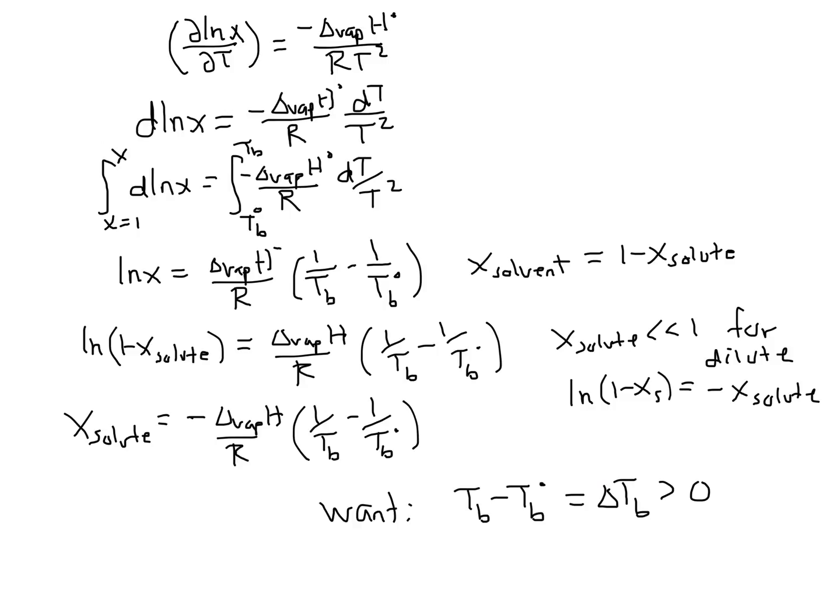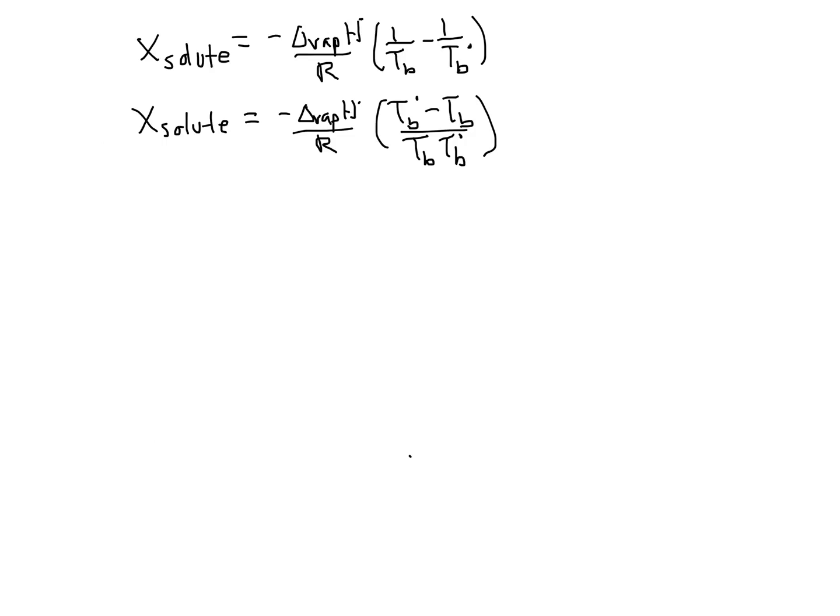What I have is the difference of the reciprocals, not the difference of the temperatures themselves. So let's get a common denominator and see where that leads us. Getting a common denominator for my fraction, I end up with the difference in boiling points up here and the product of the two boiling points down below.